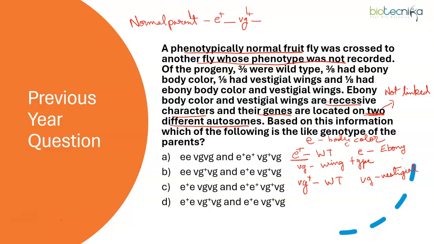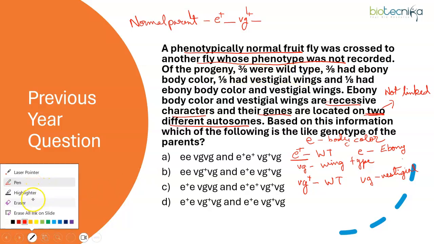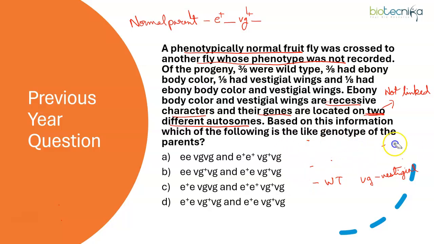Now let's write down all the possible genotypes of the offspring that we see in the next generation. I'm going to just erase this part so that we have more space to write it down. 3/8 are wild type. Since it is wild type, the genotype will be E plus dash, VG plus dash.